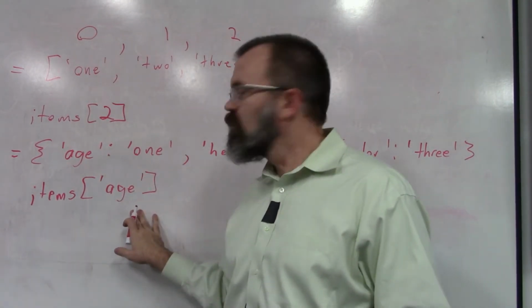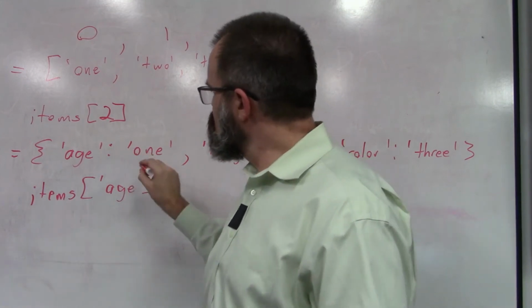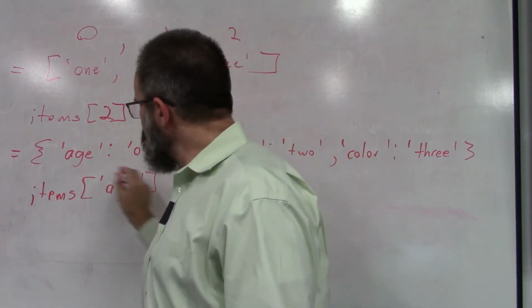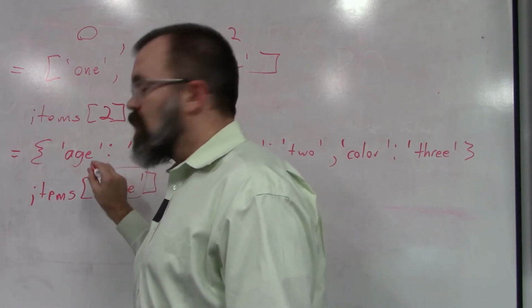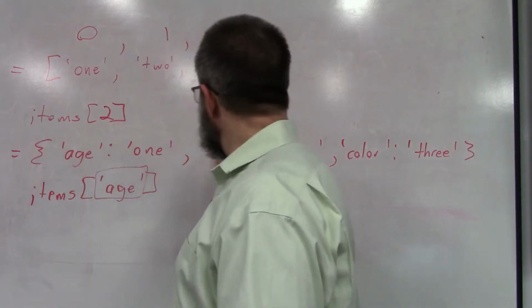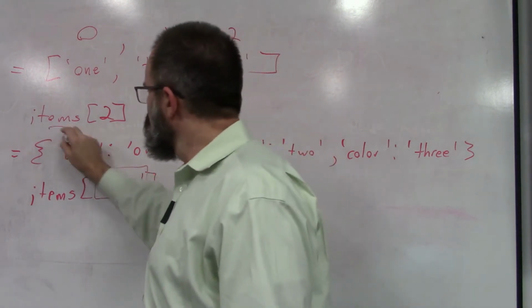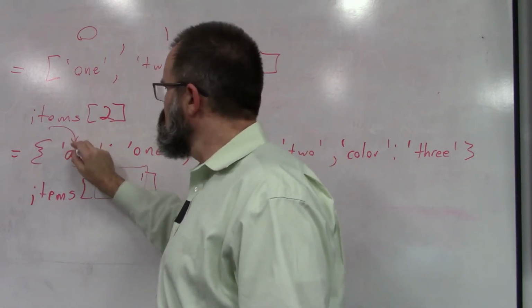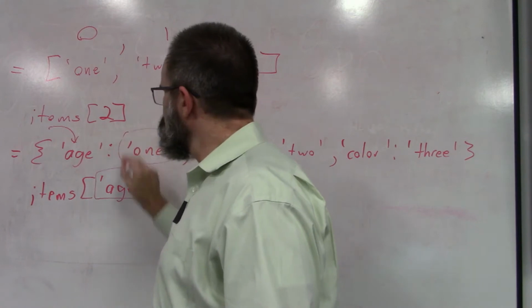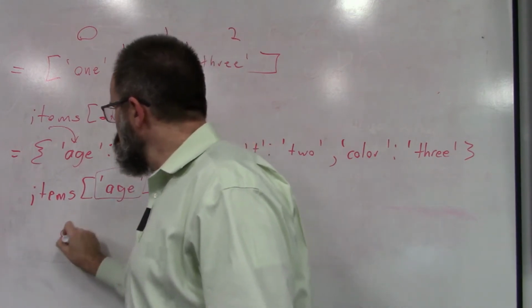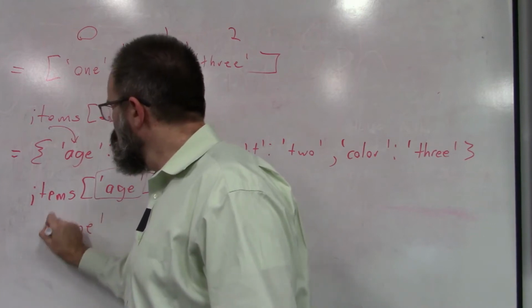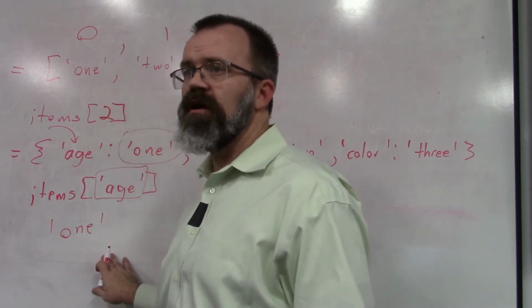And that age is the key. And so it will find within this items dictionary the key that matches it, and it will return back the value. So this items age will return back the value 1 as a string.